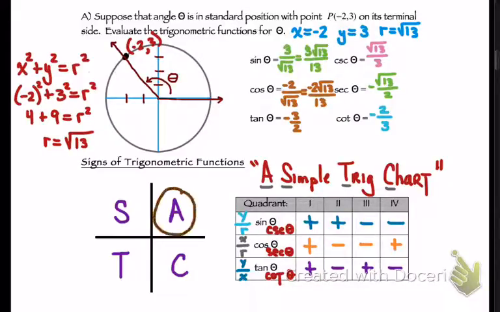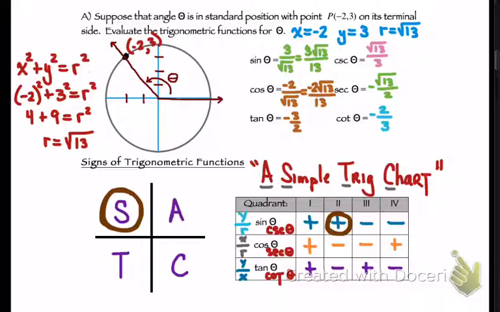A stands for all of them. Every single trig identity is positive in the first quadrant. Look at that. They're all positive in the first quadrant. S stands for the sine. The sine is the only thing that's going to be positive in the second quadrant. Everything else is going to be negative.